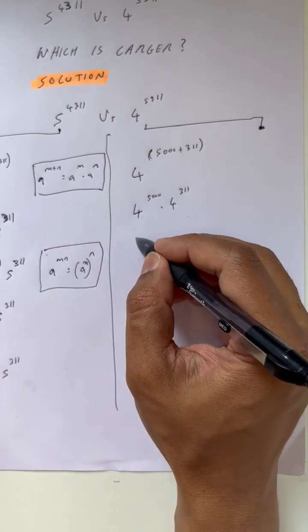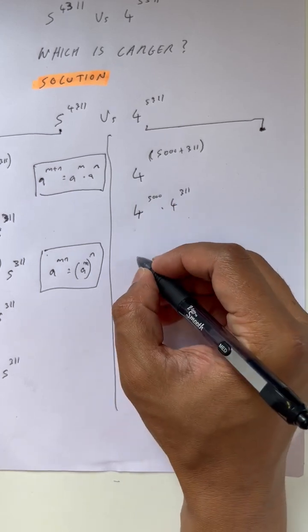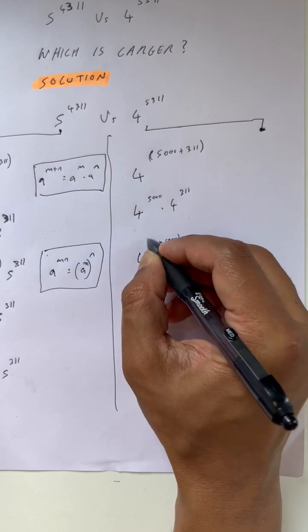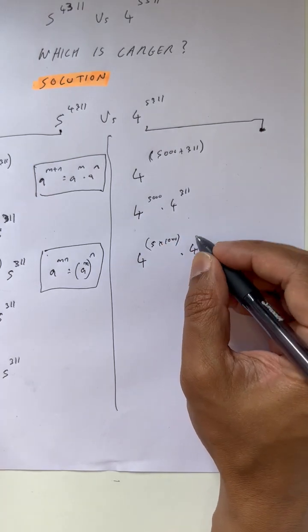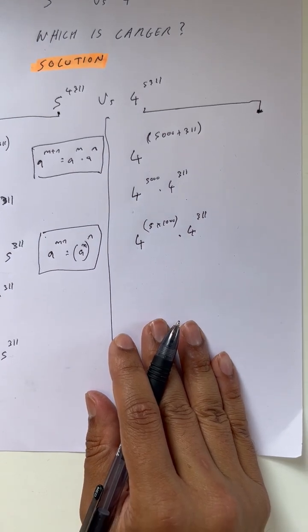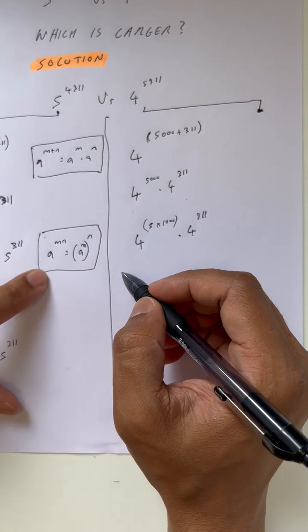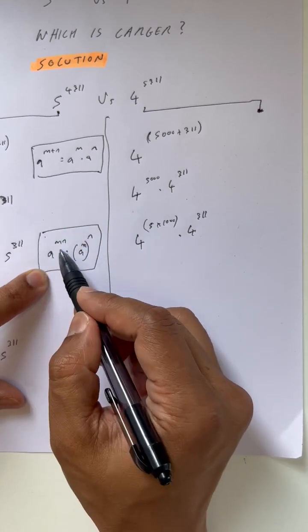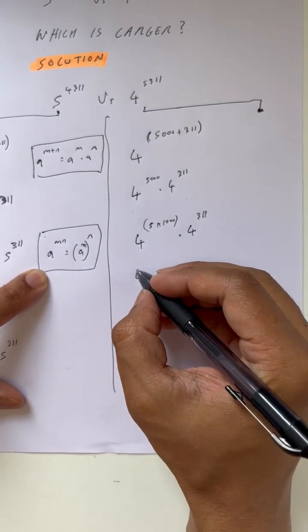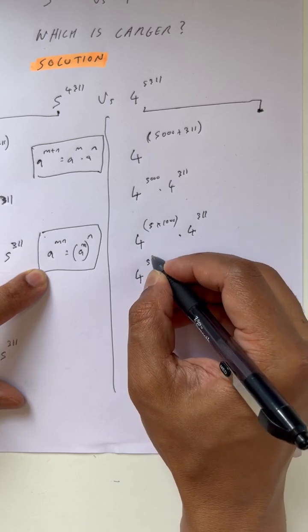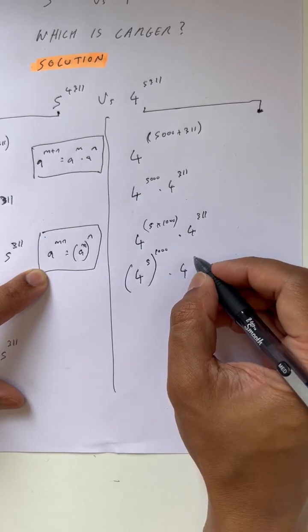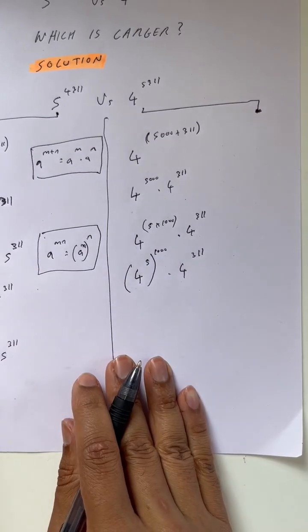We can then go on to further break this number down by saying it's 4 to the power of 5 times 1,000 times 4 to the power of 311. We can then use this same rule here and re-express this as 4 to the power of 5 to the power of 1,000 times 4 to the power of 311.